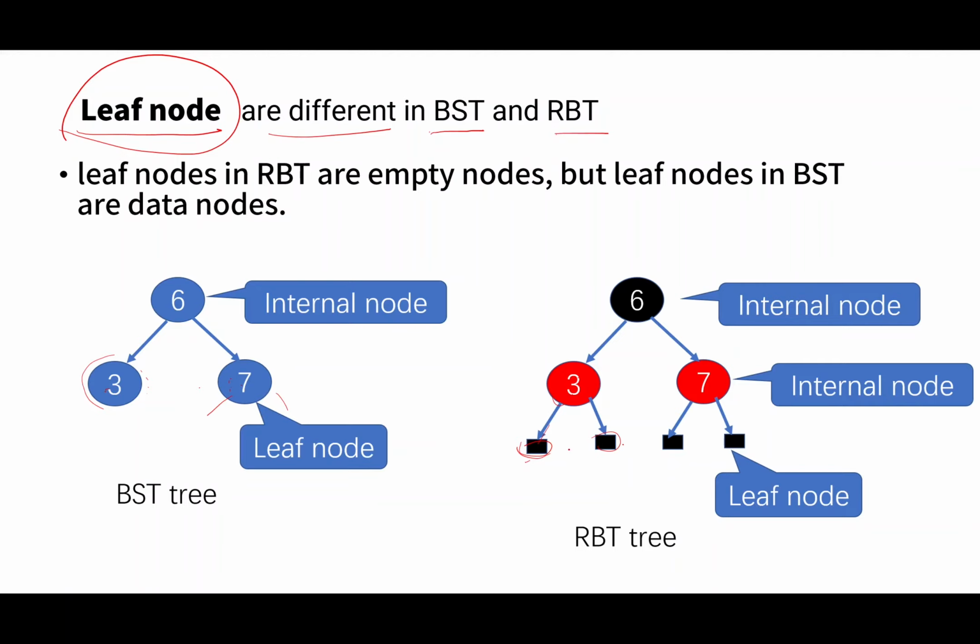But in red-black tree, we also call the empty tree, null node, leaf node. We call this null node leaf node, and this node becomes an internal node. So the leaf node concepts are different in BST and RBT tree.